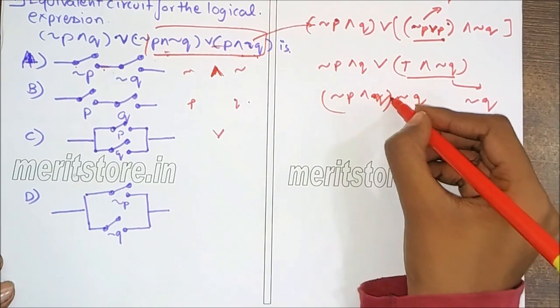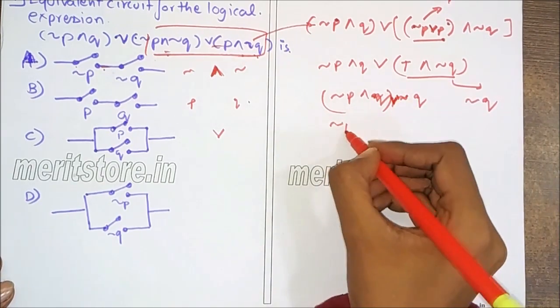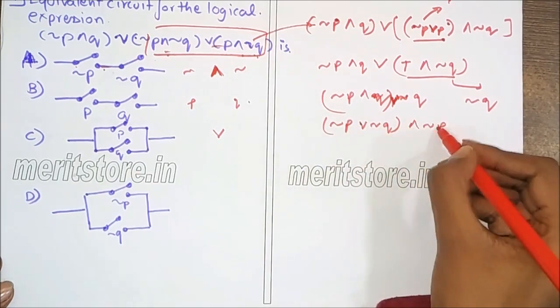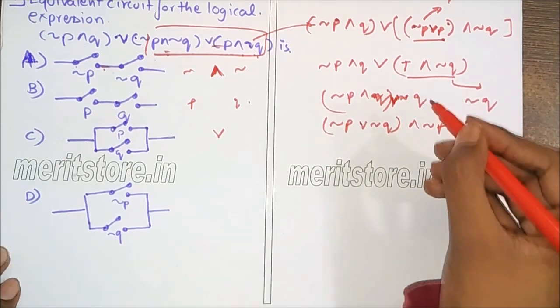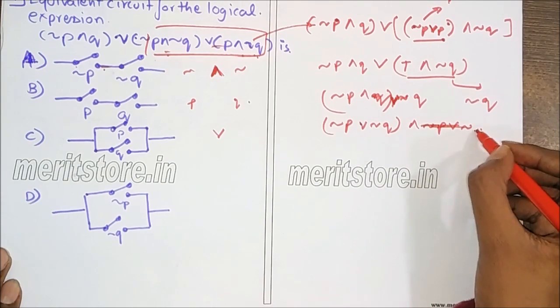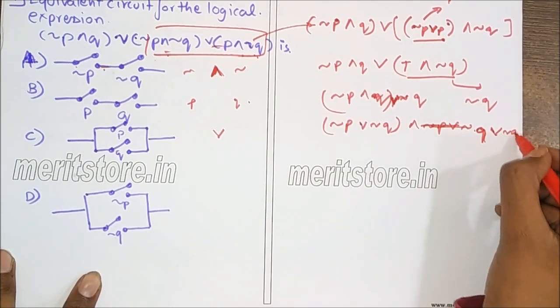Again using distributive property, this can be written as (negation P or negation Q) and (negation P or negation Q)... rather, (negation Q or negation P) and (negation Q or Q).